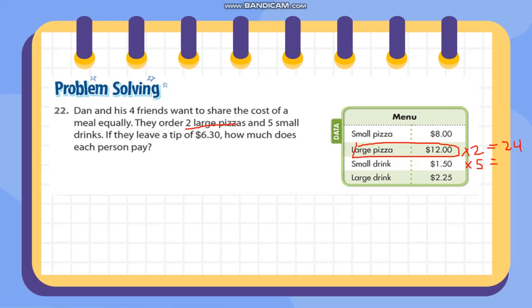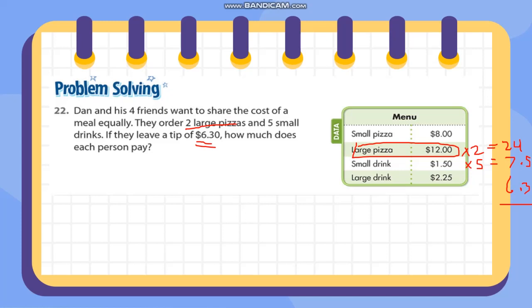So 1.5 multiplied by 5, that is equivalent to $7.50. And there is additional money that they need to pay, which is 6.30, because that is a tip. So 7.5 plus 6.3 plus 24 is how many?